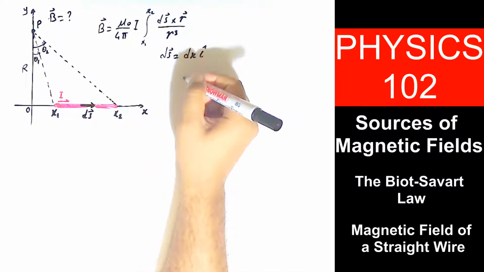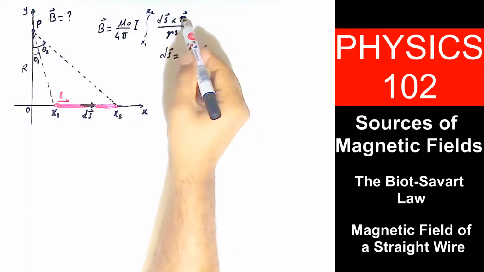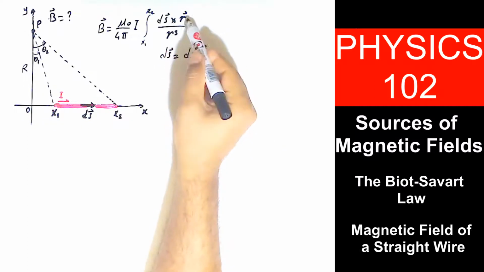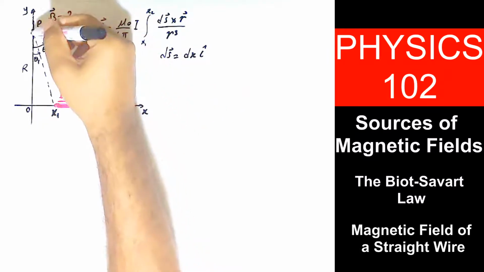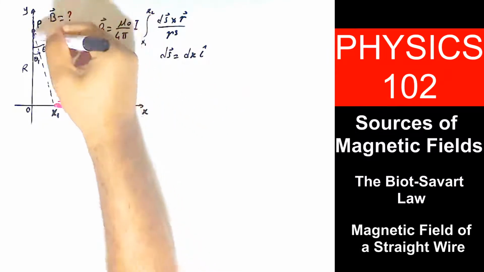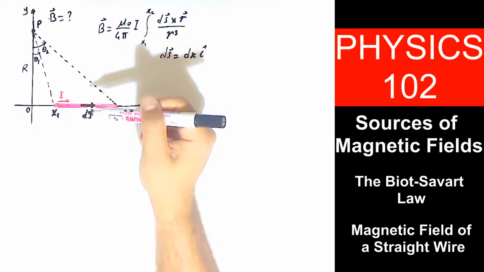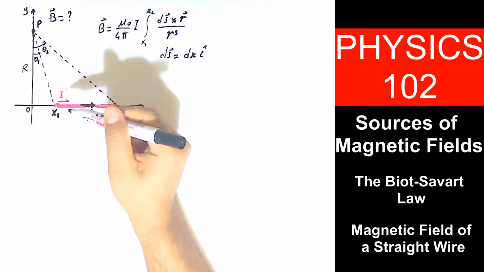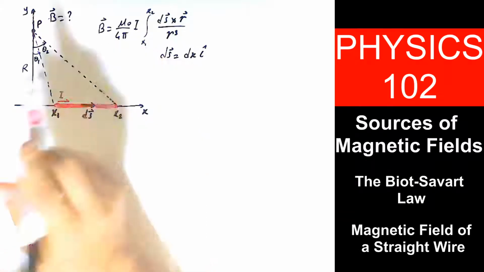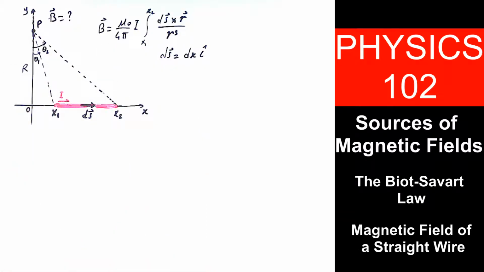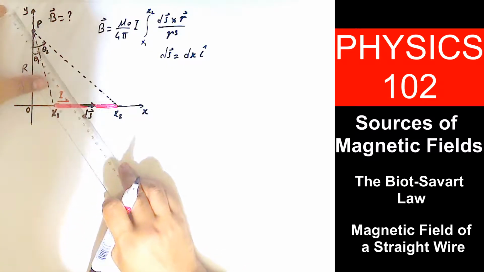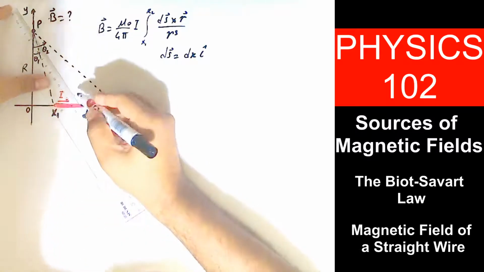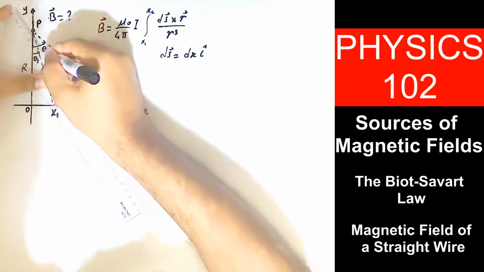And what is r? This is a cross product, and the r extends from the source to the point in question, which is the displacement vector. Let me draw that displacement vector r by using my ruler.